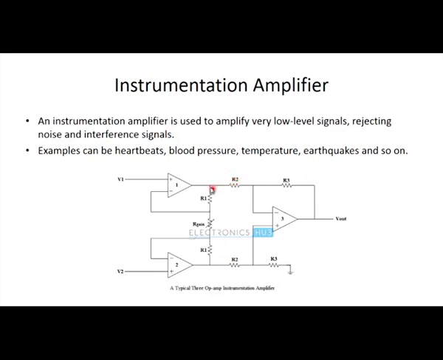Consider the output of the first operational amplifier as V1 dash and the output of the second amplifier as V2 dash. The third amplifier is the differential amplifier, which takes the outputs of the first and second as inputs to the negative and positive terminals respectively, that is V1 dash to the negative terminal and V2 dash to the positive terminal.